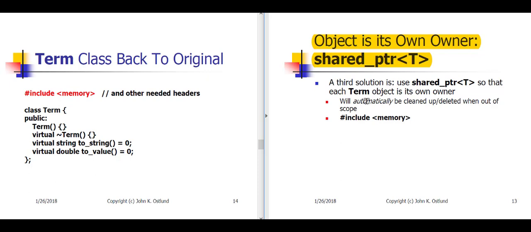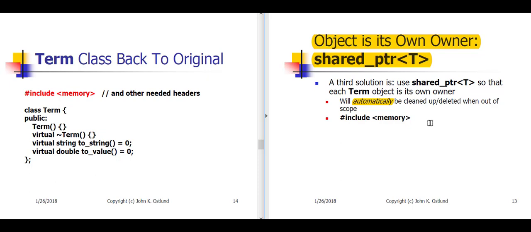The cool thing about shared pointers to objects is that when a shared pointer to an object goes out of scope, then the object that that shared pointer is pointing to is automatically going to be deleted. We don't have to worry about deleting objects ourselves. We don't have to worry about having a base class clear function that will do that for us. If we use shared pointers correctly, this will simply happen.